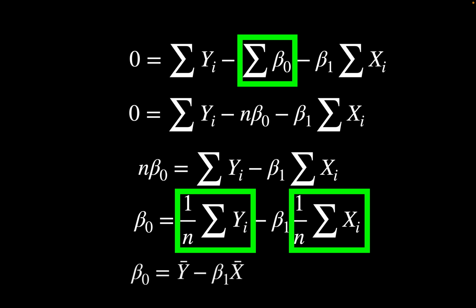So we can use our bar notation for that. So to reduce our mean square error, our intercept, our beta 0 value, has to be equal to the mean of our y values, subtract whatever beta 1 is, multiplied by the mean of our x values. Of course, the problem is we don't know what beta 1 is yet, which means we have to do the same process on beta 1.